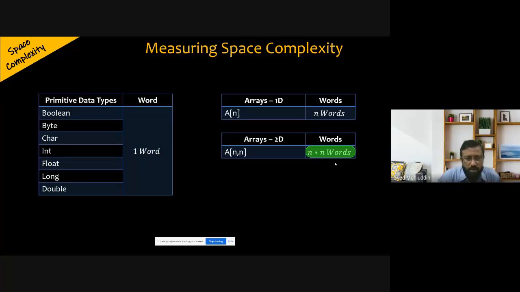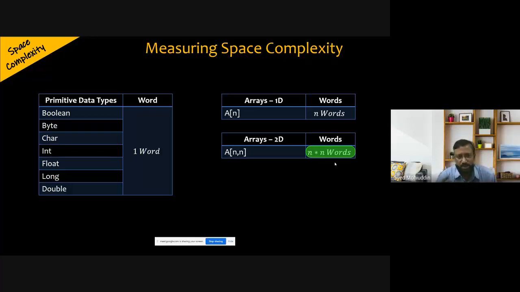We assume 1 word for primitive data types whatever they might be, because in algorithms we do not define the type of the variables. When you convert that algorithm into a programming language, whatever suitable type is needed, we use that data type.